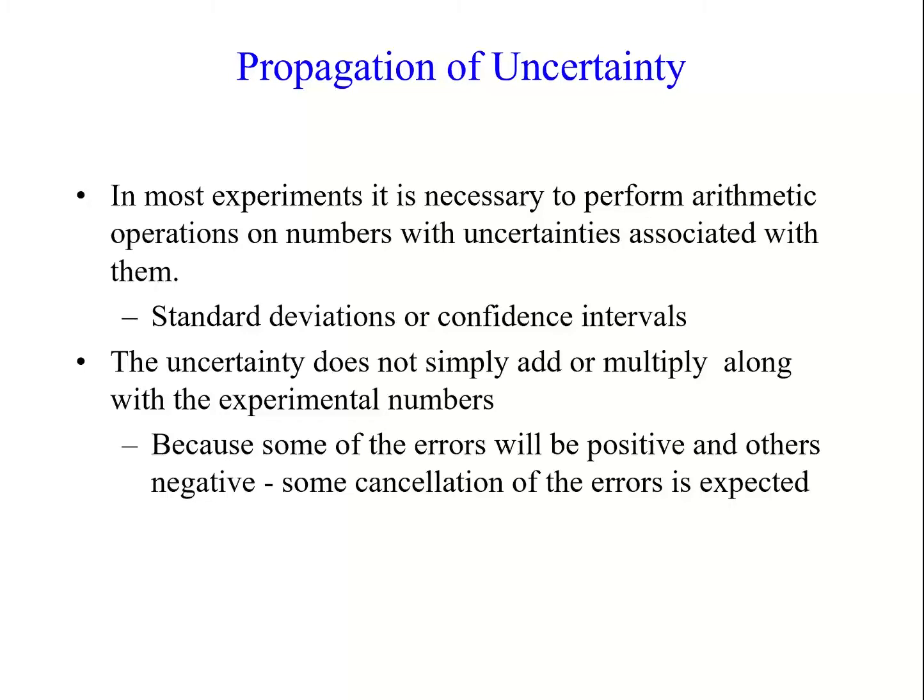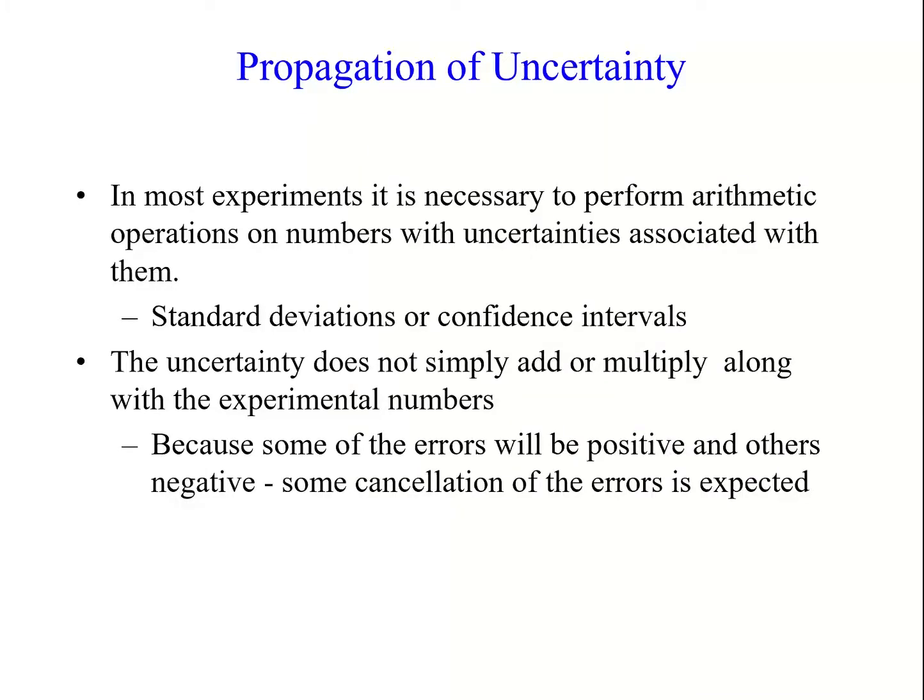We can usually estimate or measure the random error associated with the measurement. In most experiments, it is necessary to perform arithmetic operations on numbers with uncertainties associated with them. So basically, we treat our random errors statistically. To do that, we use standard deviation of the mean, and confidence interval.